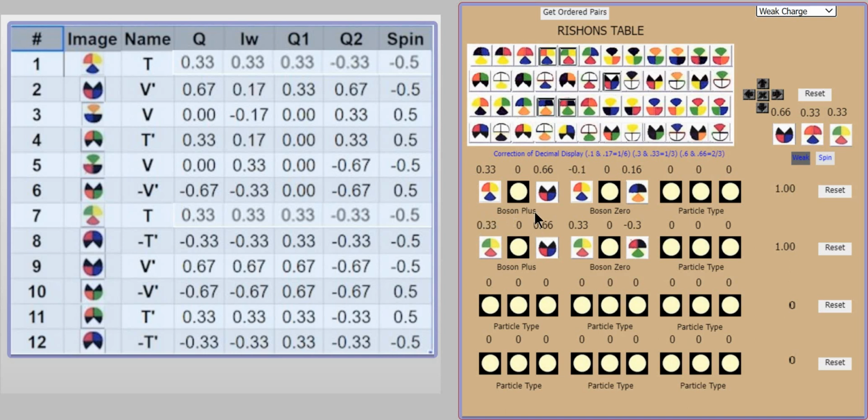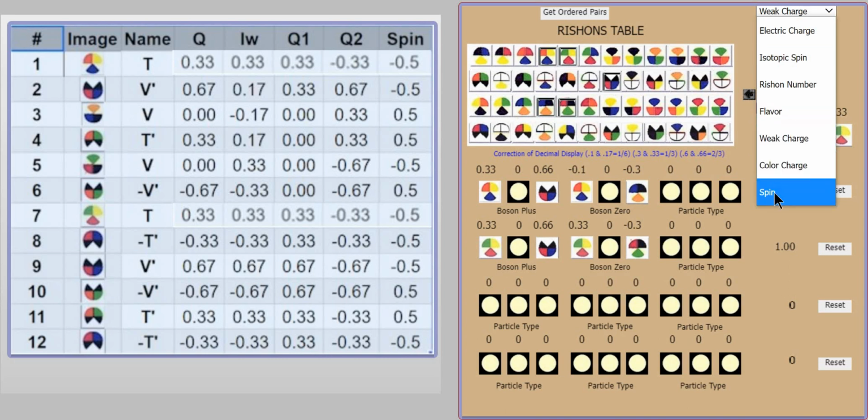But we would then also have to have a corresponding anti-outer Rishon change its weak isospin, and that will give us the correct value for a W boson and for a Higgs boson, which now has a weak charge of -1.